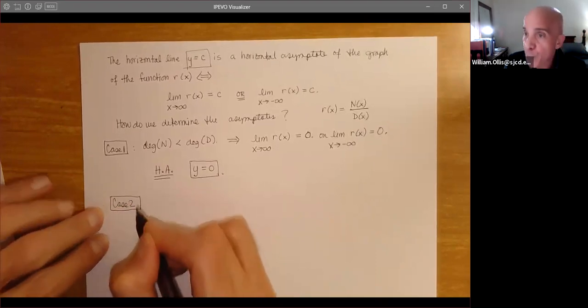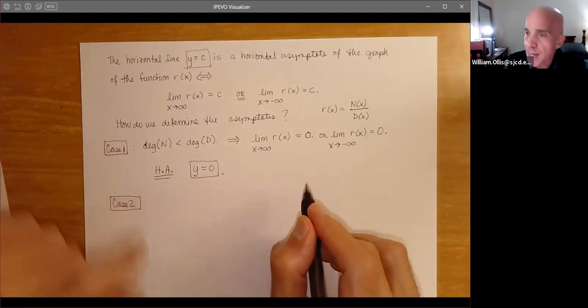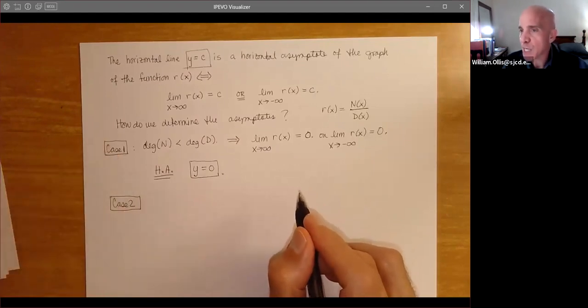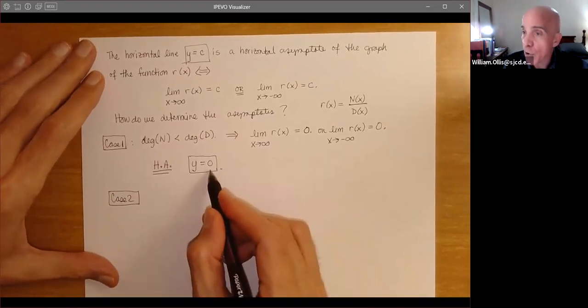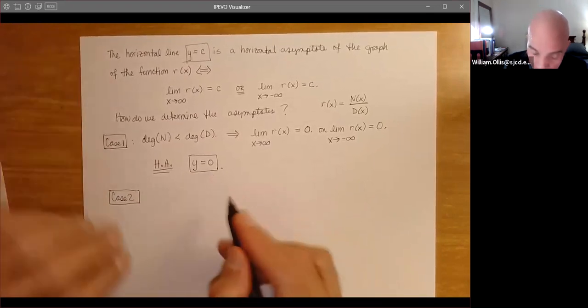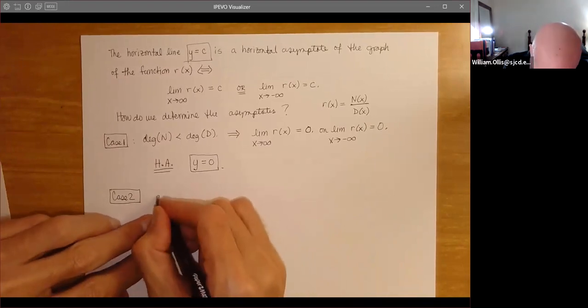If we think about the last problem we did, that was case one, because we had the degree upstairs was 1 and the degree downstairs was 2. So this would have been the horizontal asymptote. Okay. Now, what's the next case?